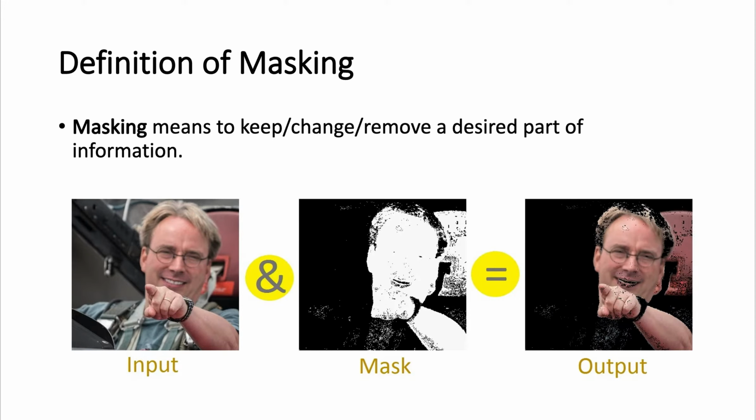So we can say the white part is 1 and the black part is 0. 1 means okay, you are in, and 0 means okay, you are out. We will be removing you.